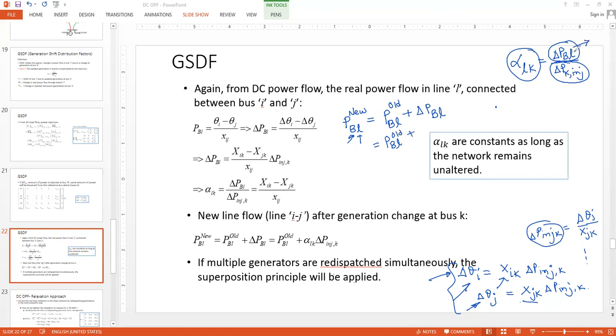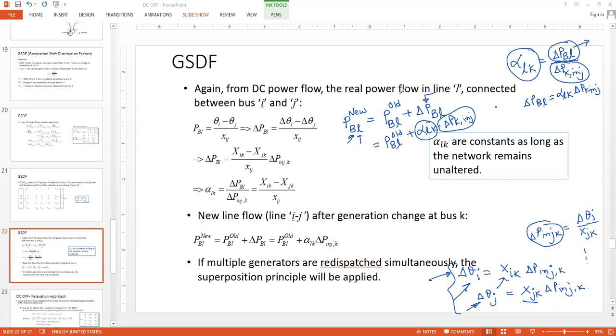From here we can find out that del PBL is nothing but alpha LK into del PK injection. So you see, by knowing this alpha LK, if we know how much power is injected here, we can calculate del PBL.